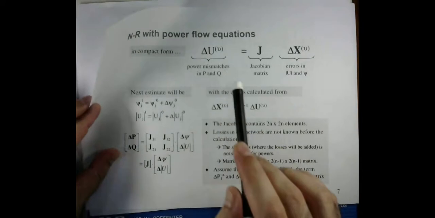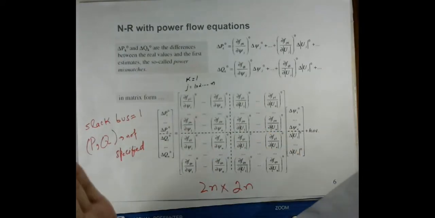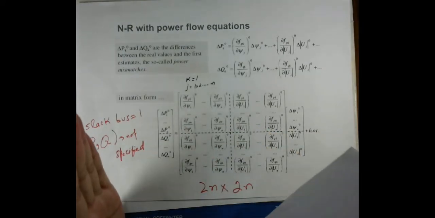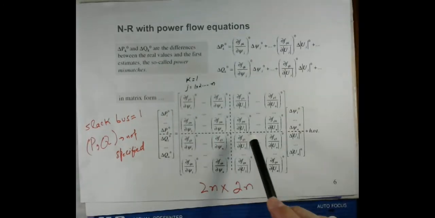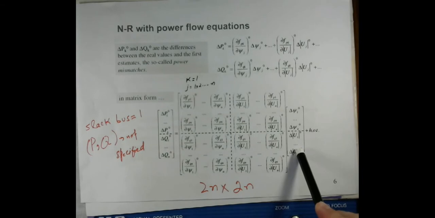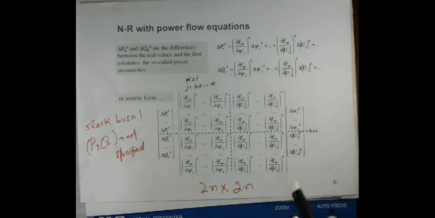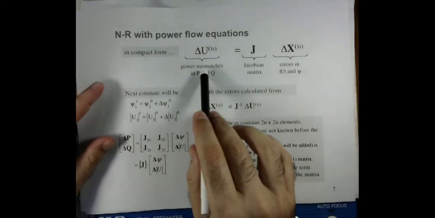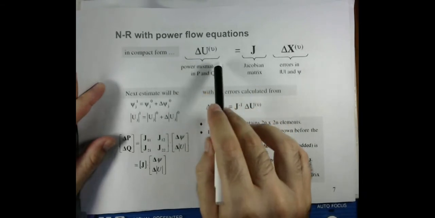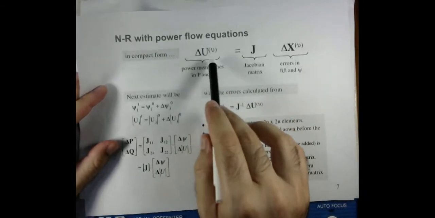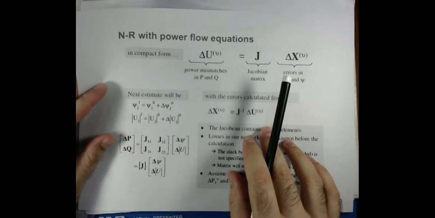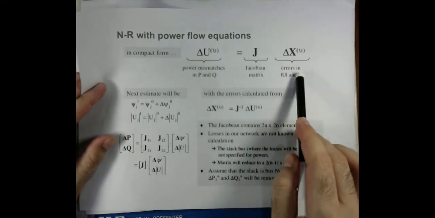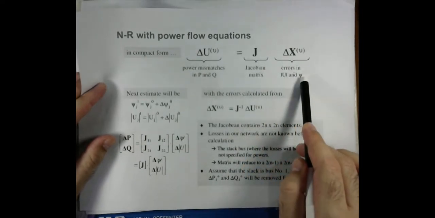These are the power mismatches representing the matrix on the left side of the equality sign, and on the right side we have the Jacobian matrix and the errors in the voltages and in the angles. So in the compact form it can be written in this way. This term represents the power mismatches. Then we have the Jacobian matrix, and then we have the error in the voltage magnitude and in the angle.